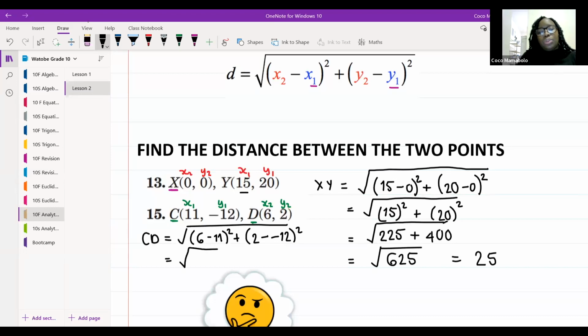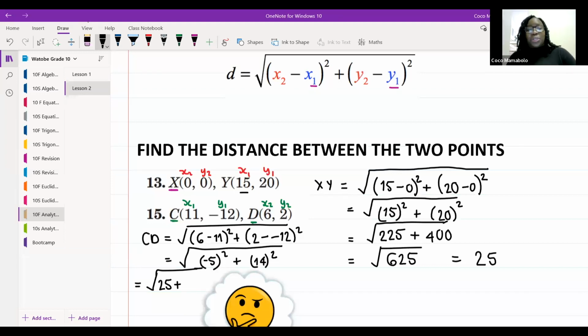This is equal to the square root of 6 minus 11 is negative 5, all squared, plus 2 minus negative 12 is 12. So that's 2 plus 12, which is 14, all squared. This is equal to the square root of 25 plus, I've completely forgotten what 14 squared is. Guys, help me out. What is 14 squared?